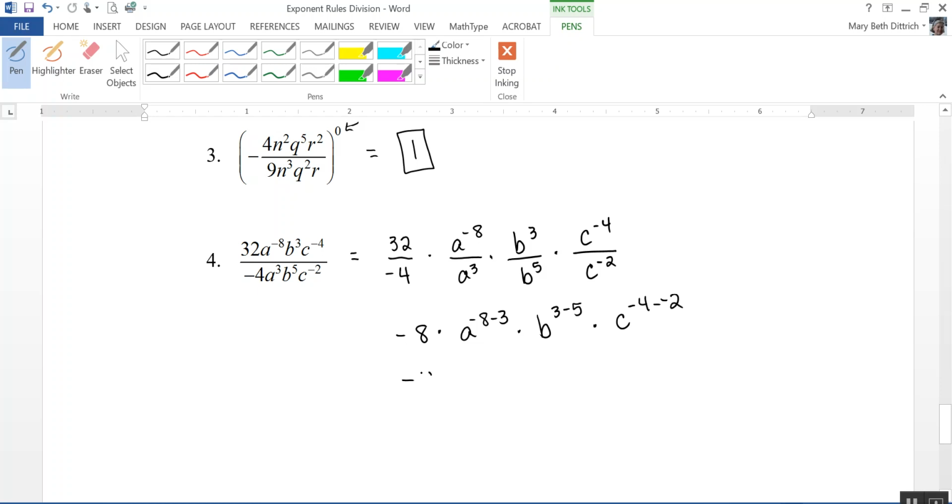And that's going to give me negative 8 times a to the negative 11th times b to the negative 2 times c to the negative 2, which is going to turn into, so it looks like all of my exponents are going to be on the denominator. I'll have a negative 8 over a to the positive 11 in the denominator, b to the positive 2 in the denominator, and c to the positive 2 in the denominator.